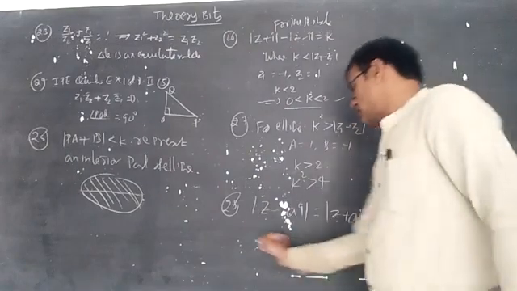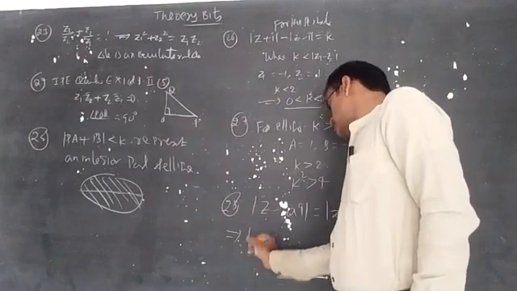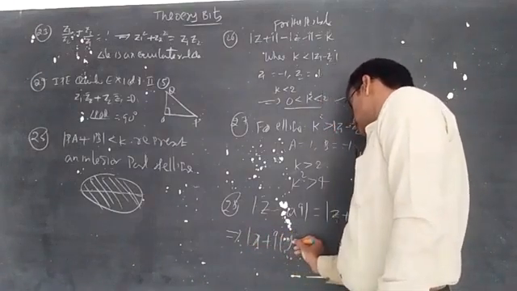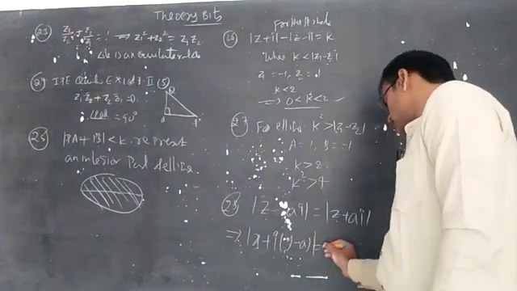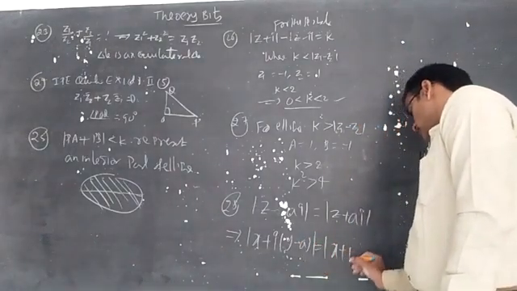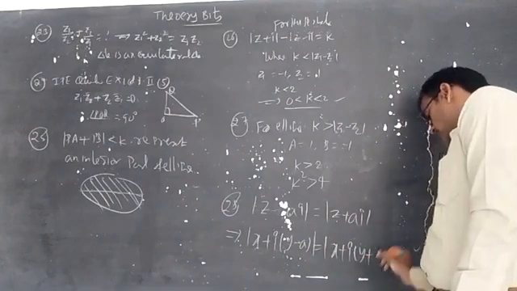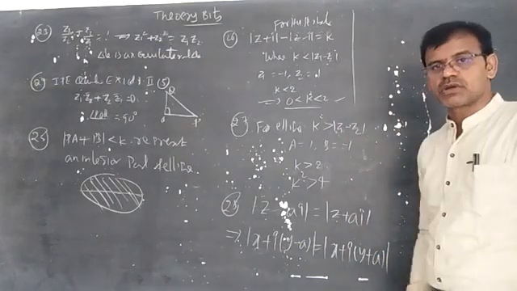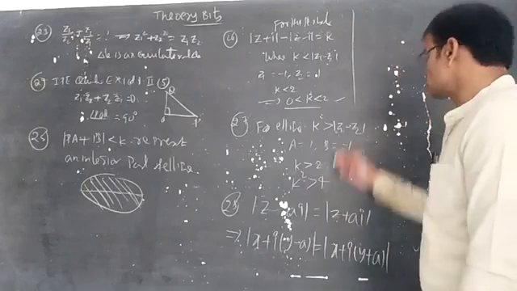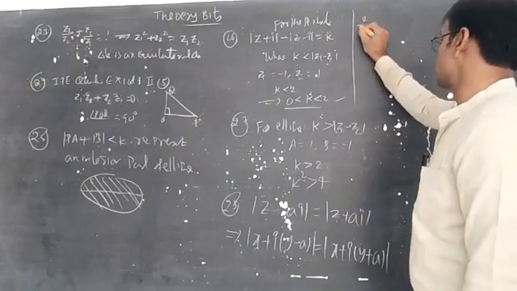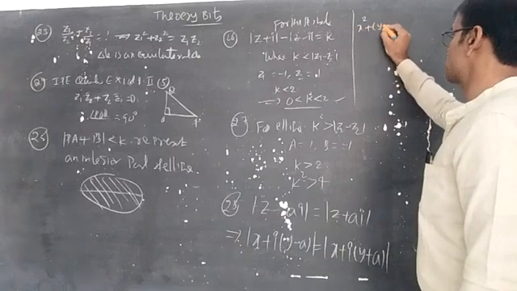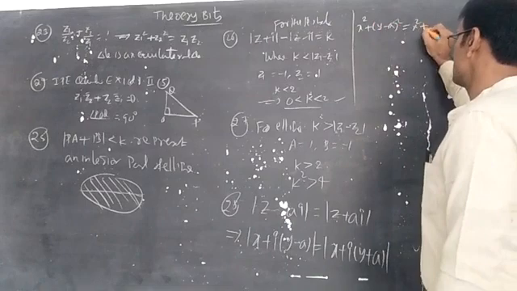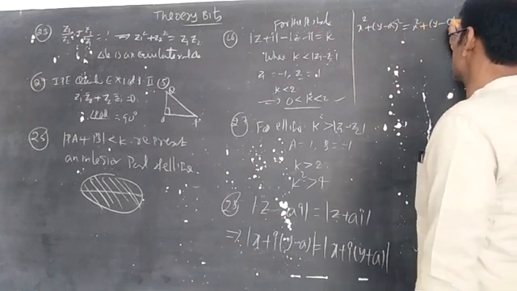So x plus i into y minus a over modulus is equal to x plus i into y plus a over modulus. Modulus means root of component square plus component square. Squaring both sides, x square plus y minus a whole square is equal to x square plus y plus a whole square.